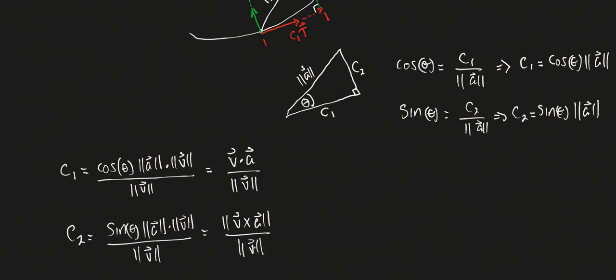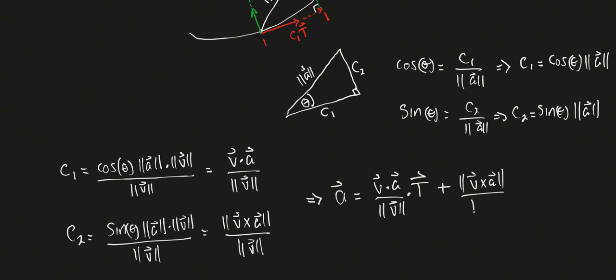V, right? So these two scalars, what this means, this implies that my acceleration vector can be written as this constant, V dot A over the magnitude of V times the unit tangent vector, plus this scalar, the magnitude of V cross A over the magnitude of V times the principal unit normal vector.